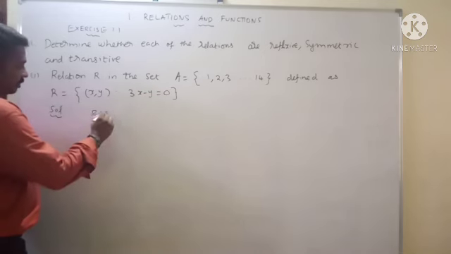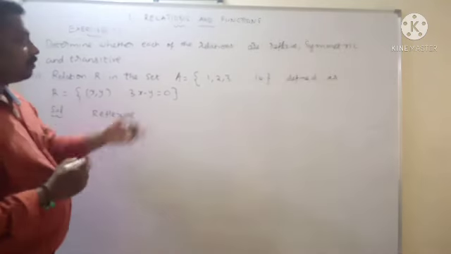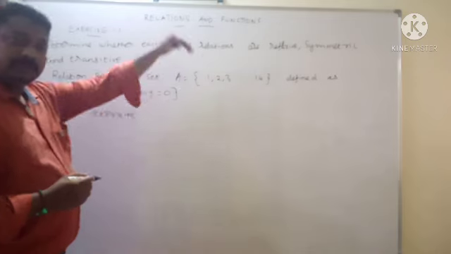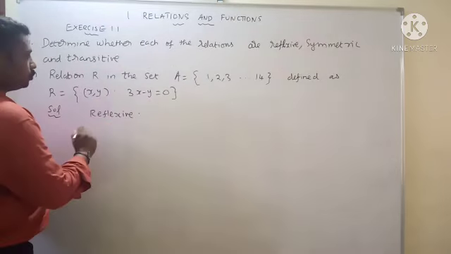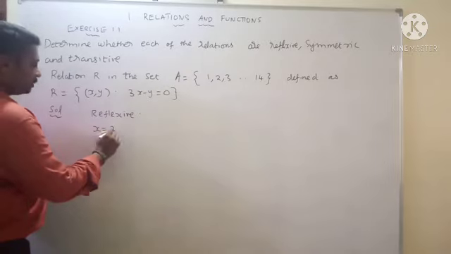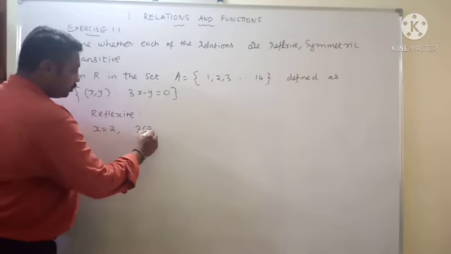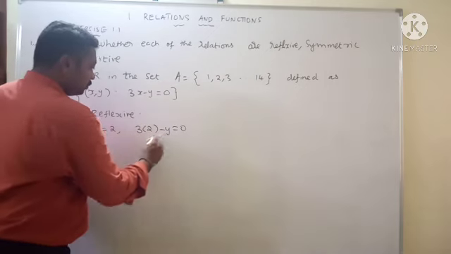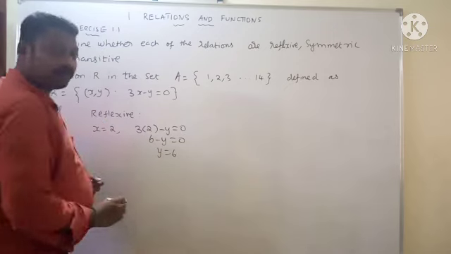We will check for reflexive first. What is reflexive? For each input, we should get the same output. We will take any value from this, for example 2. We will take x equal to 2 and substitute in the given function. 3 into 2 minus y equal to 0, 6 minus y equal to 0, so y equal to 6.